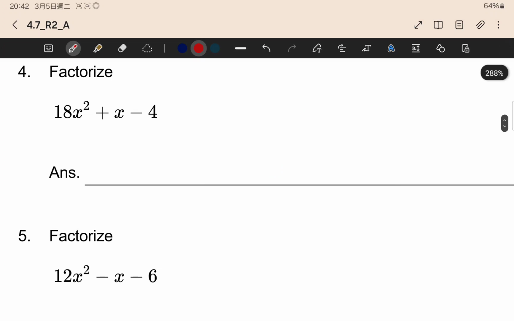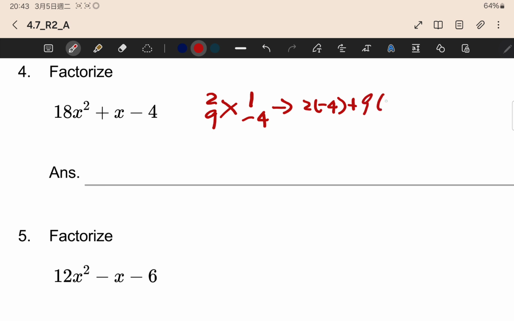Question 4. After checking, the correct combination should be 2 times 9 equals 18, 1 times minus 4 equals minus 4. Now we check the cross multiplication. 2 multiplied to minus 4, plus 9 multiplied to 1.